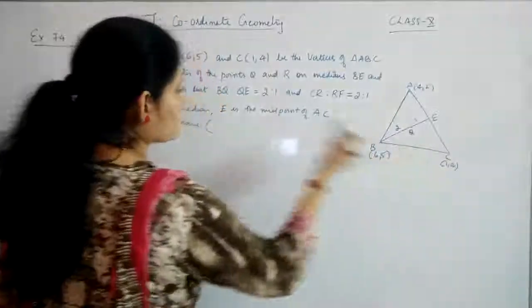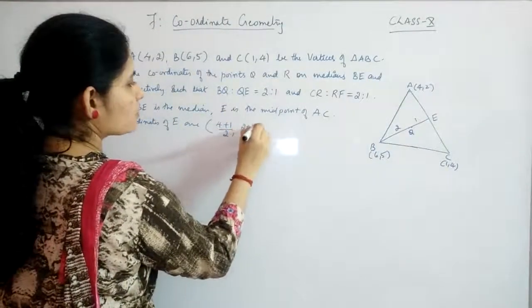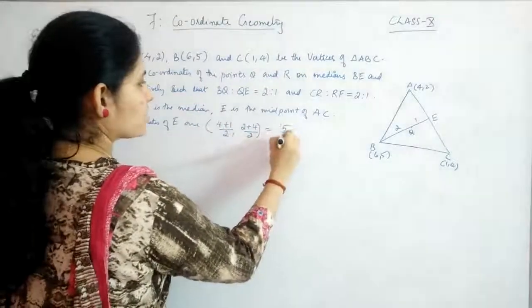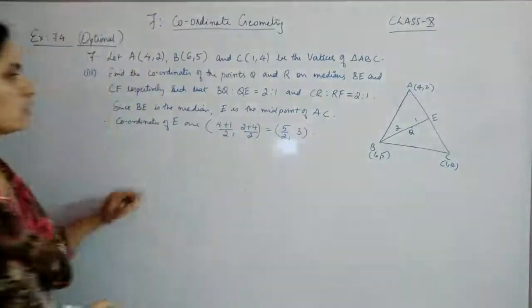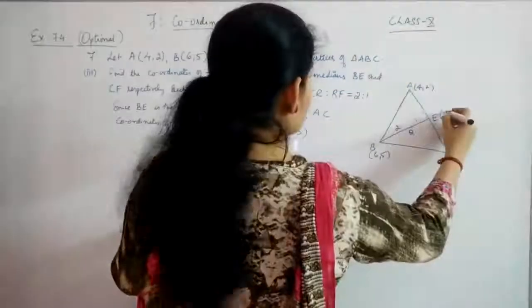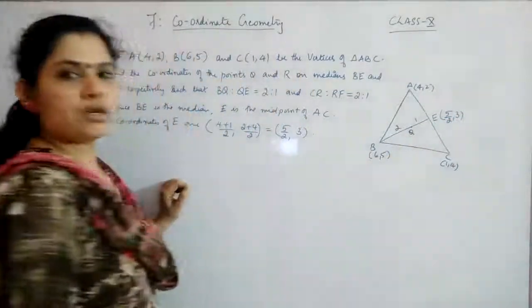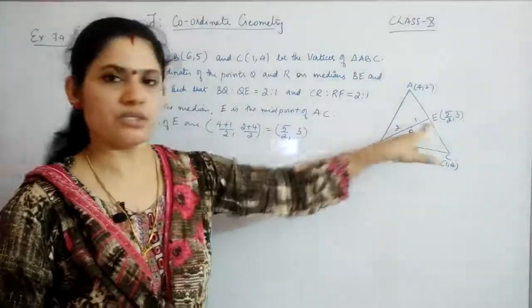So you have 4 plus 1 by 2 comma 2 plus 4 by 2, which is 4 plus 1 is 5, 5 by 2 comma, this is 6 by 2, which is 3. So this is your coordinate for E. So I'm just replacing the value 5 by 2 comma 3. Now you can just use your section formula. 2:1 is given and the 2 points you know.